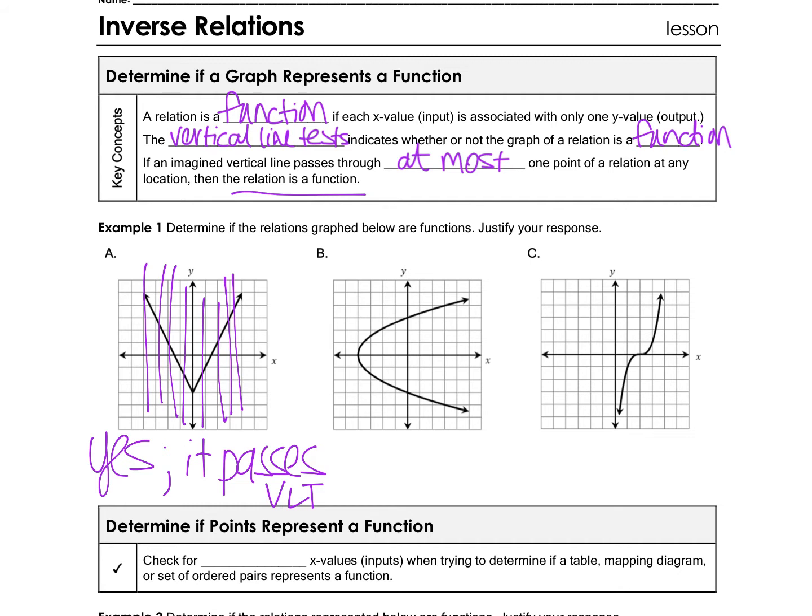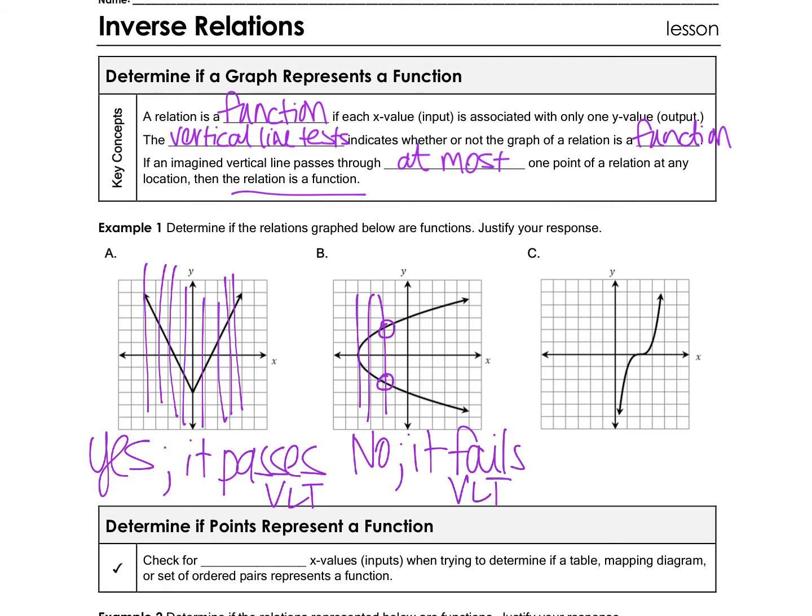Okay, so part B, we're determining if it's a function. When I draw these vertical lines, notice it is intersecting at two different places on one vertical line. That means the x values repeat, which means it is not a function. So I'm going to put no, and I'm going to put it fails the vertical line test.